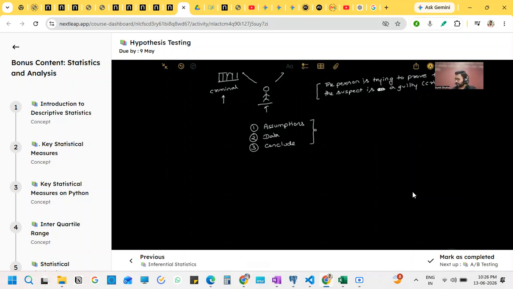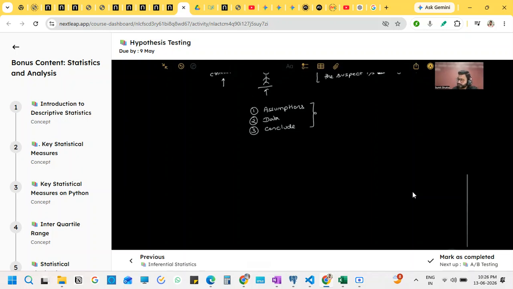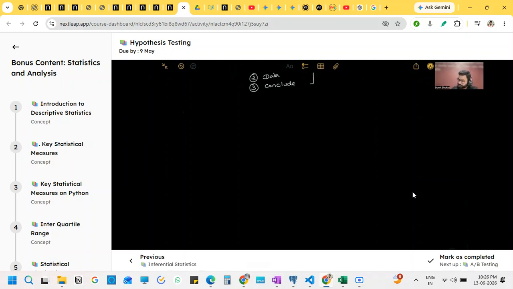Now, let's take one more realistic example, and this is an example you guys can relate to. The example is Dettol claims that their soap can kill 99.9% of germs. Now, this is what they claim.